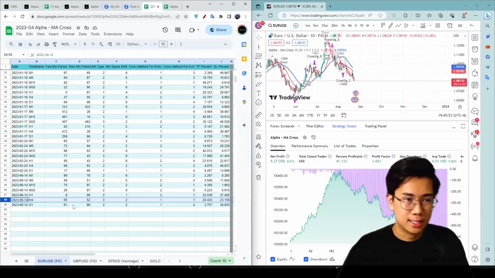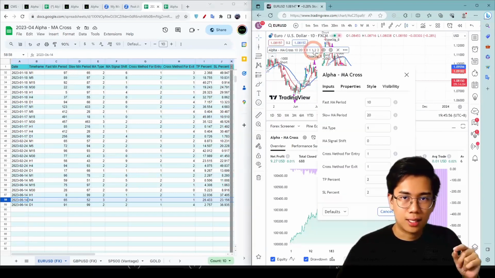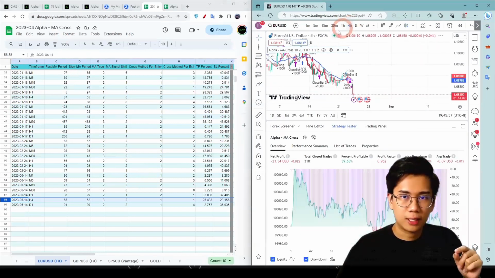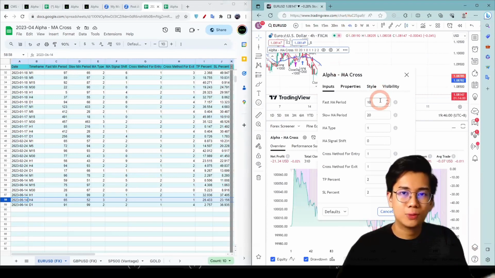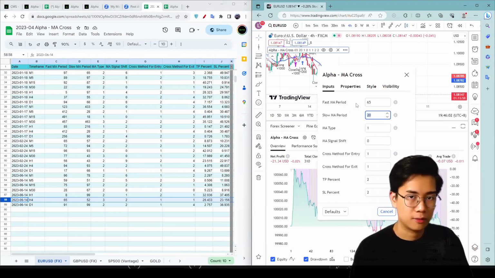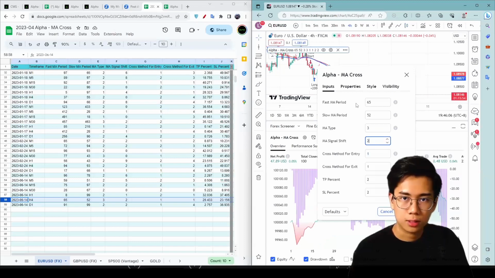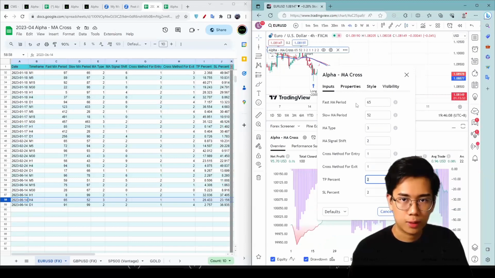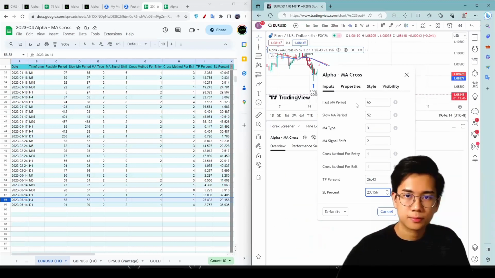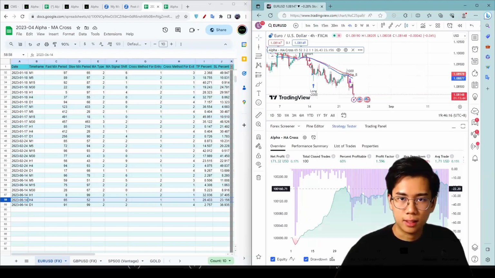All you need to do right now is go to the 4-hour time frame in Euro USD and key in the password of the best setting: 55, 52, 3, 2, 82, 1, 1, 26.43, 23.156. And here you go.